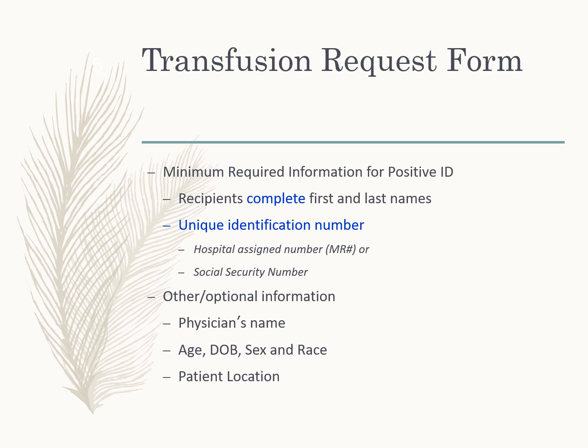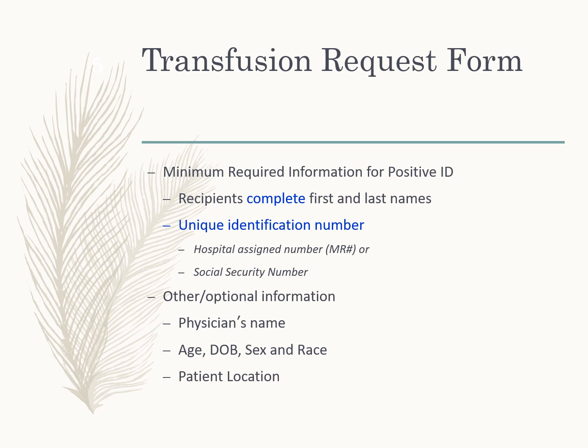On that request form, you must have the minimum information for positive ID. So you must have the recipient's complete first and last name and a unique ID number. So like I mentioned before, it can be social security, it can be medrec, or it can be date of birth sometimes. You also must have a physician's name.